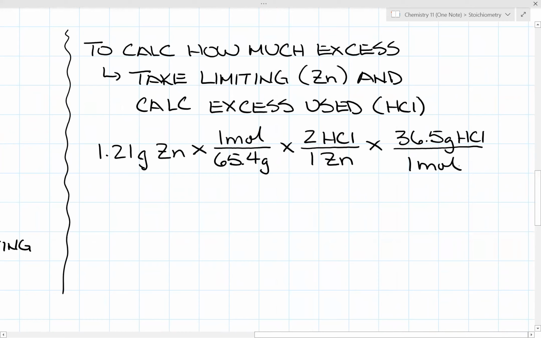So 1.21 divided by 65.4 times 2 times 36.5 grams would give me an answer of 1.35 grams of HCl used.